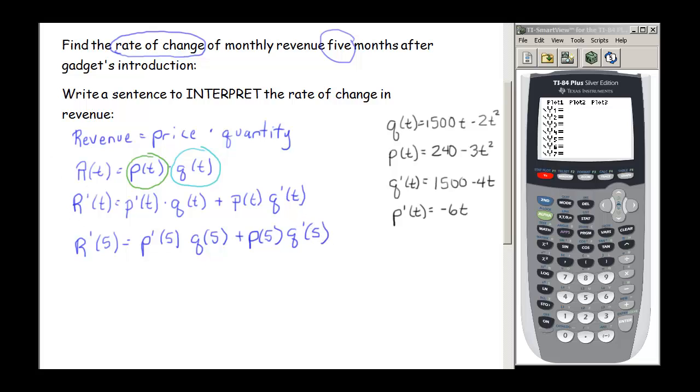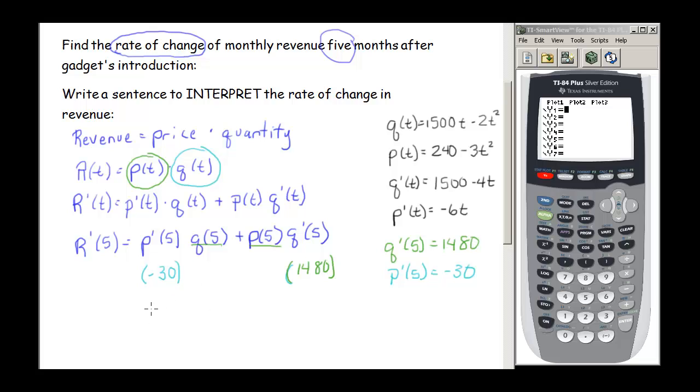And in the last part on the previous page, we found that Q prime at 5 was equal to 1480, and we found that P prime at 5 was equal to negative 30. So we know this is negative 30, and this thing right here, we know this is 1480. So we just need these two values, that and that.